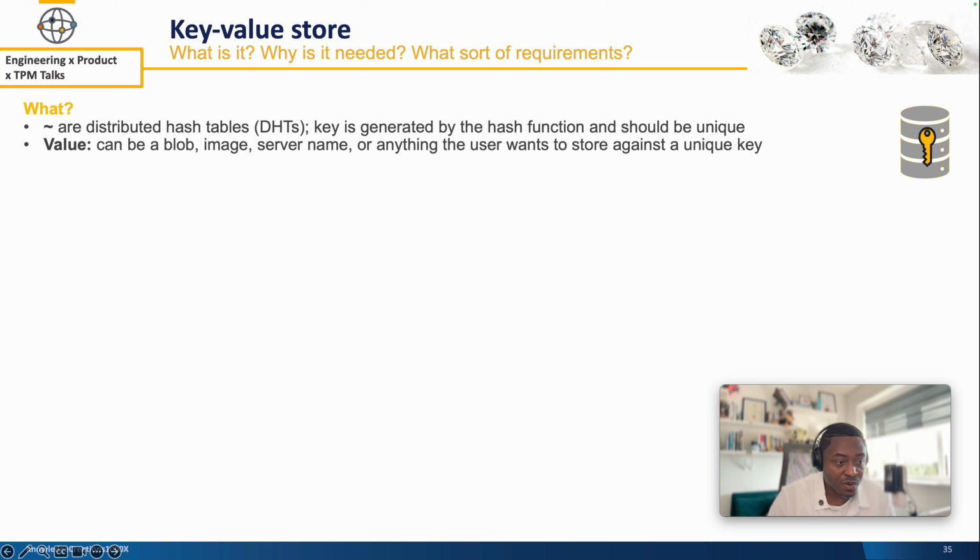A value could be a blob, an image, a server name, or anything that the user wants to store against a unique key. Usually, it's preferred to keep the size of a value relatively small, say kilobytes to megabytes, but we can also put large data in key value stores, though typically you'd expect to put that in a blob storage, and I'll cover that as one of the building blocks.